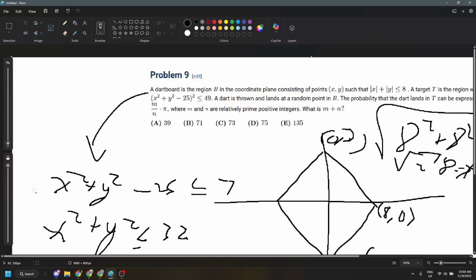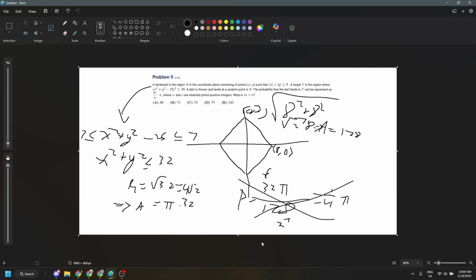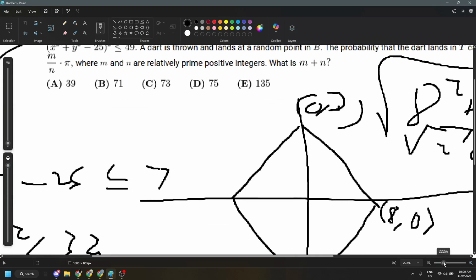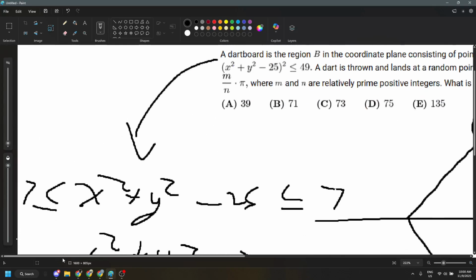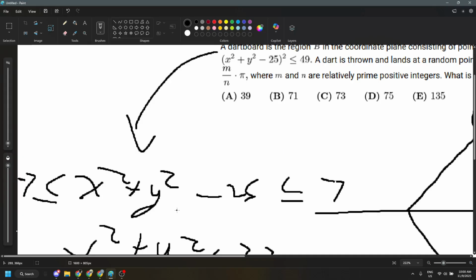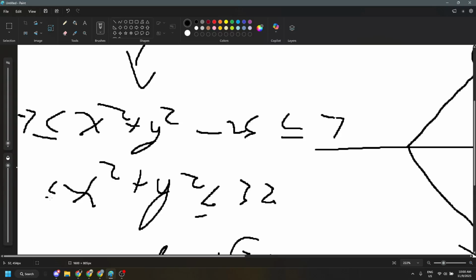So I think what we have to do is make this also greater than or equal to negative 7. What is 25 minus 7? That'd be 18.